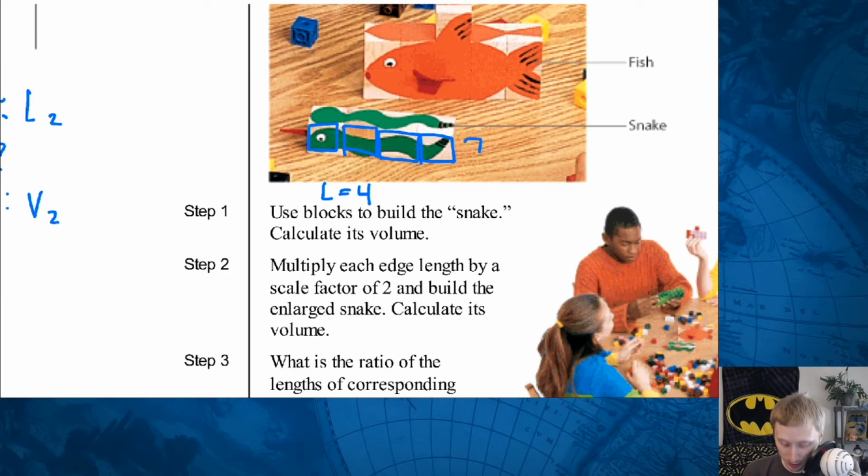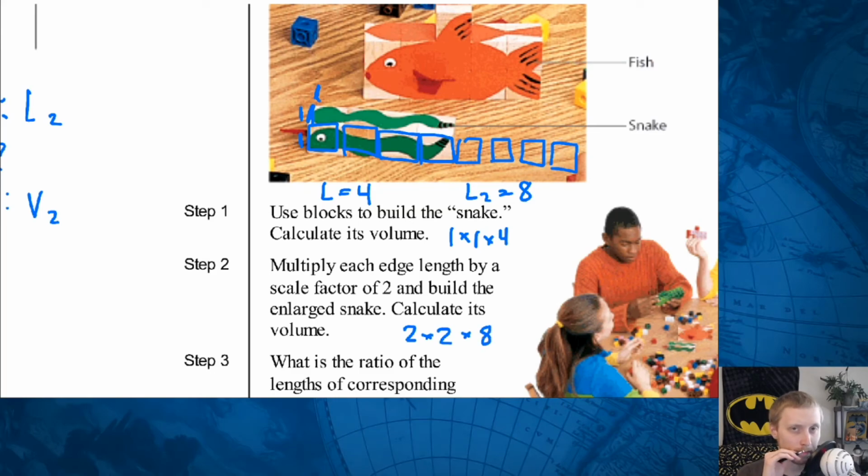So our snake would actually become 8 long, but don't forget the other dimensions. So it was 1 wide, now it becomes 2 wide. It was 1 block tall, now it becomes 2 blocks tall. So instead of a 1 by 1 by 4 snake, we now have a 2 by 2 by 8 snake.